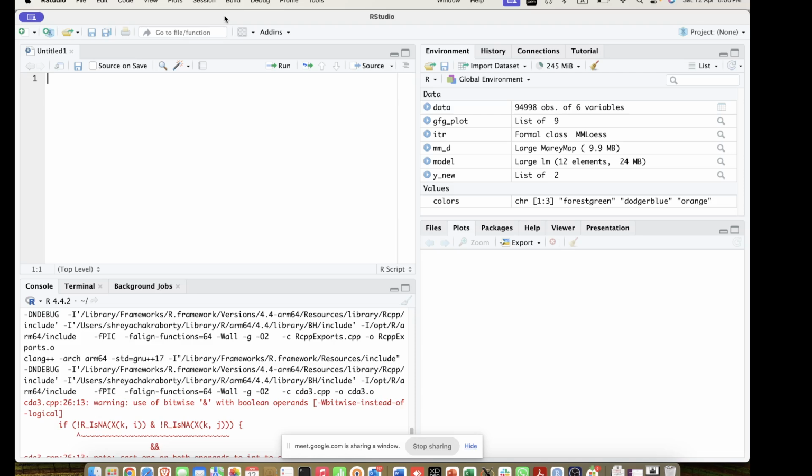Okay, so let us use our favorite dataset, the mtcars dataset, to find out how we will be able to get the analysis of variance table, perform the significance test, and infer from that whether the model is significant or not, and then finally assess the goodness of fit of the model.